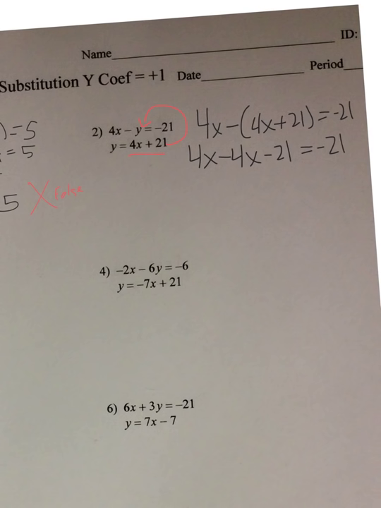Now again, this ends up canceling, but this time I'm left with negative 21 equals negative 21. Is that true or false? Well, this is a true statement. So because it's true, the answer is infinitely many solutions.